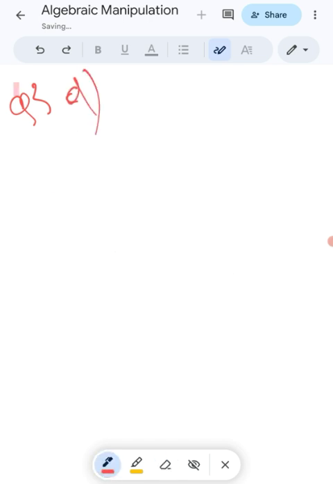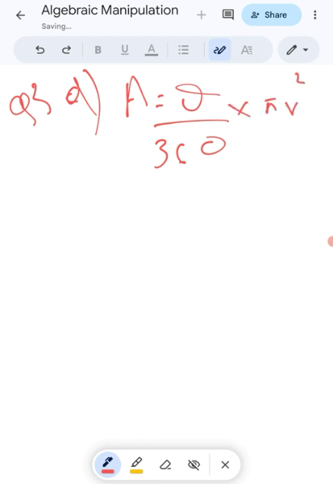Part D. Okay, so your part D says that area is equal to theta upon 360 multiplied by pi r square. Okay, so A is equal to theta multiplied by pi r square. I told you to consider this pi r square as your numerator only, so theta pi r square upon 360. Make your life easy.